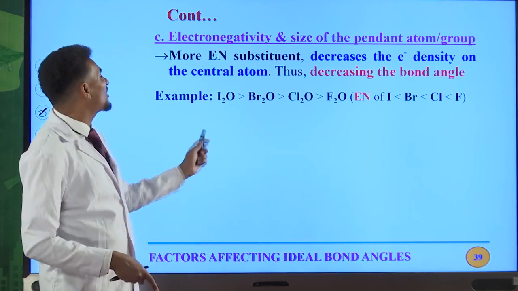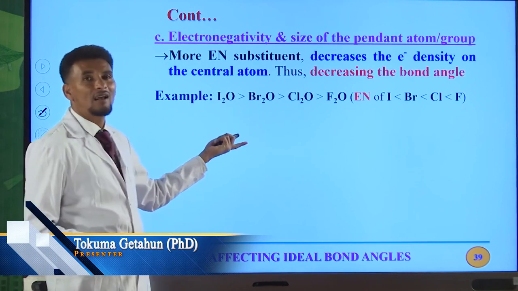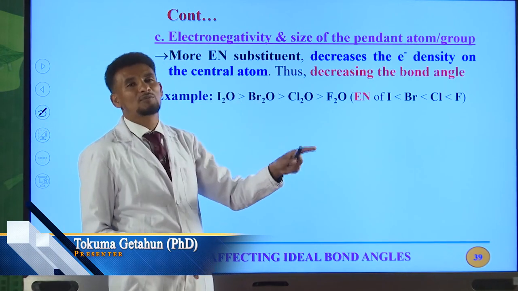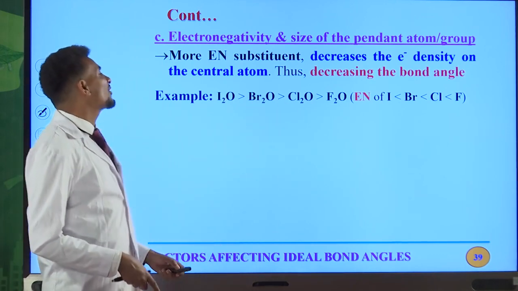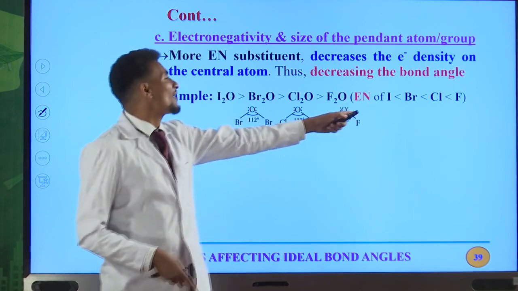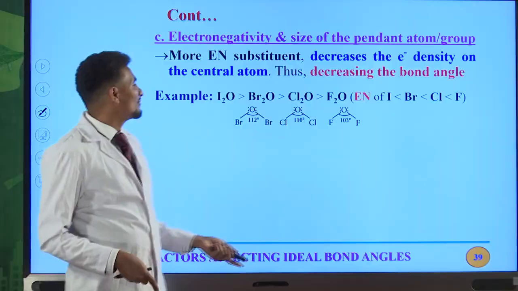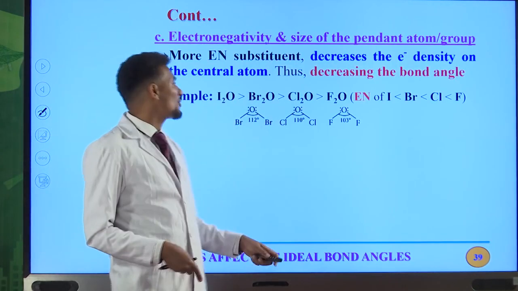Look at the electronegativity of the pendant atoms: fluorine, chlorine, bromine, iodine. However, the central atoms are constant. We have only oxygen atoms in all of these molecules. Therefore, electronegativity decreases from fluorine to iodine. Fluorine is the most electronegative atom when compared with other atoms in all of these molecules.